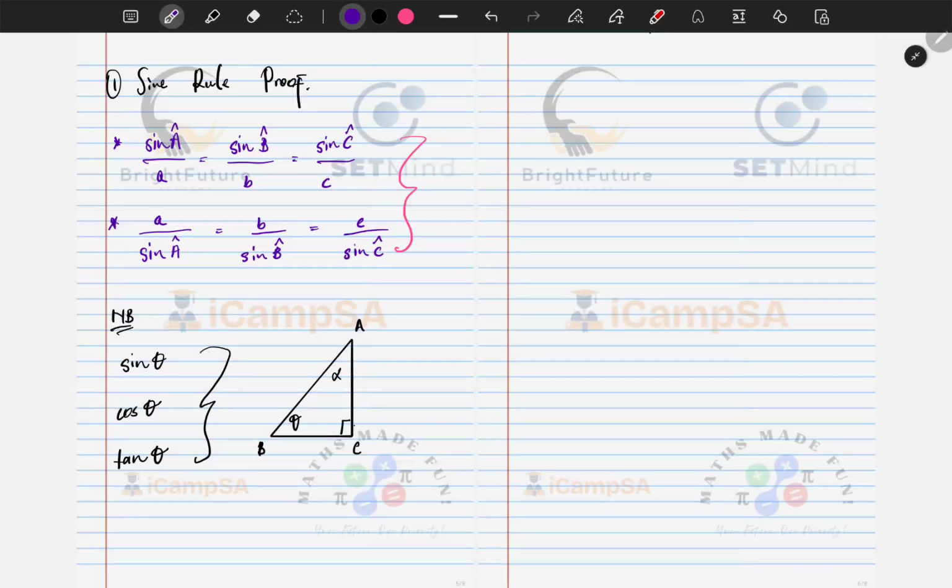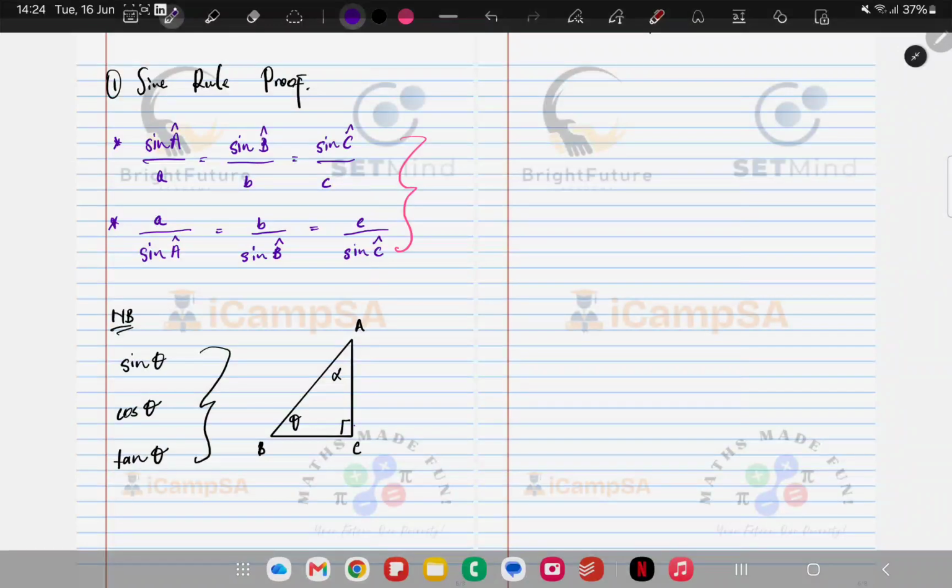And then another thing in terms of the sine rule: we have a sine rule for acute-angled triangles, and we also have a sine rule for obtuse-angled triangles. Both are equally important because you need to know them. Depending on what the examiner says, you should be able to answer for both scenarios.